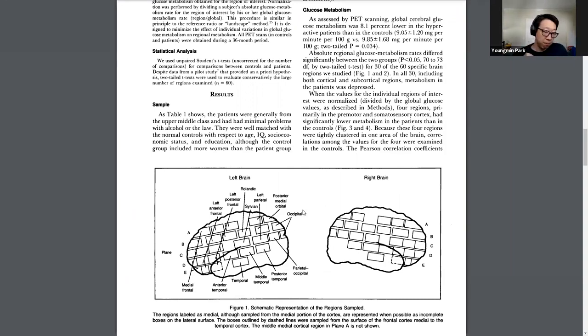So to get a better idea of which brain regions are more active or less active, they chose bins, and they just said, okay, this brain region goes in this bin, this one goes here, and they measured the glucose uptake levels at each of those bins. Left brain, right brain, and this just explains the different regions in the brain.